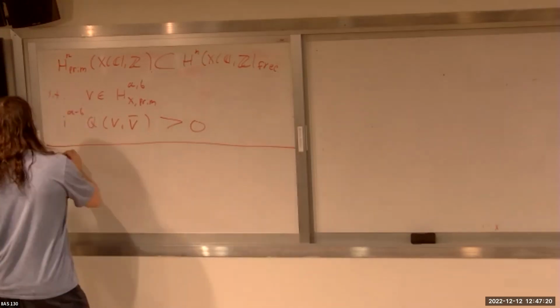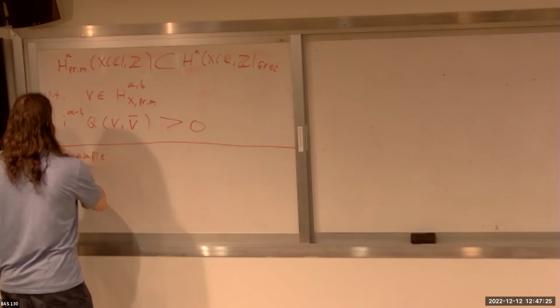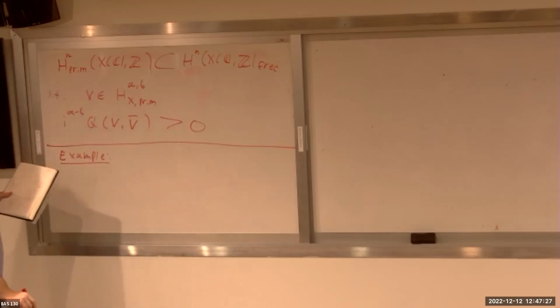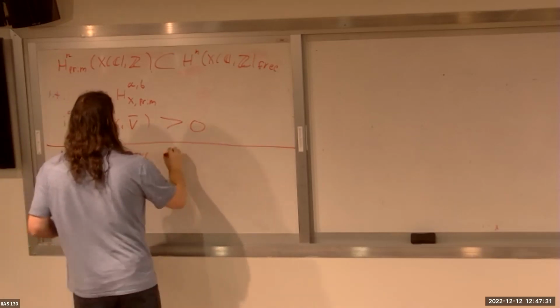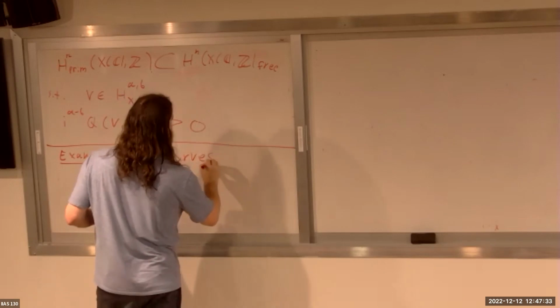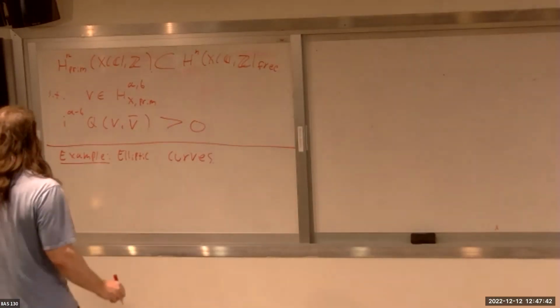All right, so the first example, the sort of best one to keep in mind still, is elliptic curves. So instead of working algebraically at all for this example, I'll just work complex analytically, because that's where all the relevance to the structure is coming in.